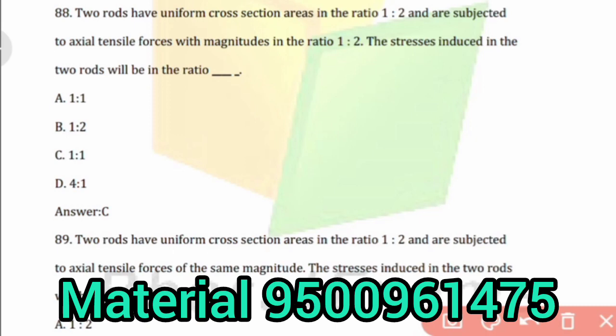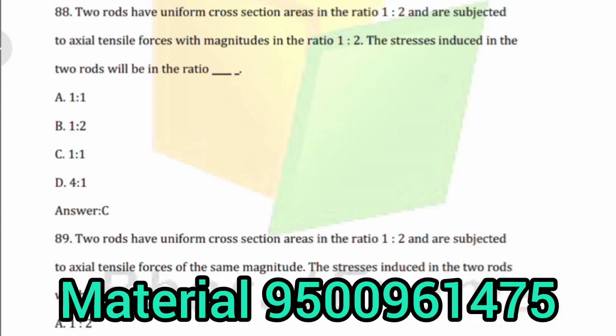Two rods have uniform cross section areas in the ratio 1:2 and are subjected to axial tensile forces with magnitudes in the ratio 1:2. The stresses induced in the two rods will be in the ratio 1:1.